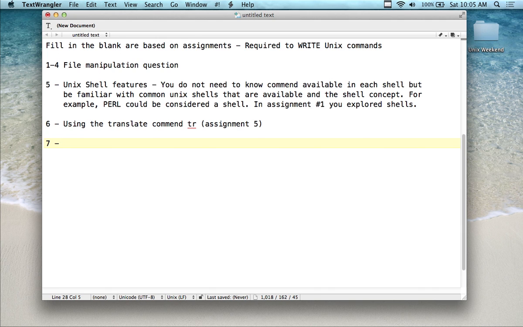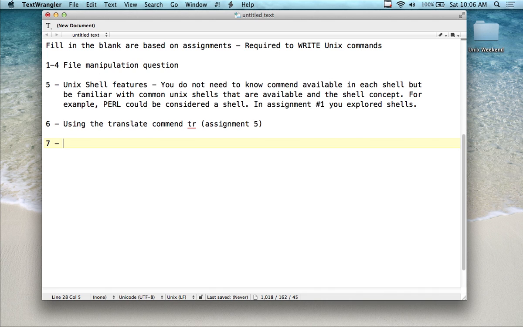Actually, number 7, I think we have 7, is on regular expressions. That was actually pretty easy, I think. I don't think I put anything on regular expressions, by the way. Nothing from assignment 7 on this exam, so you don't have to worry about that. I think it's a grep assignment. I can't remember what the assignment's about.